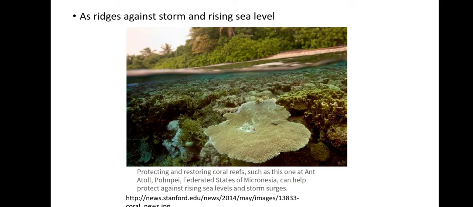They form a kind of wall around a particular area, might be around an island, so that it will always help in protecting the flora and fauna of that island from the storms, and even from the increasing sea levels. What you are seeing here is from the atoll of Pohnpei.